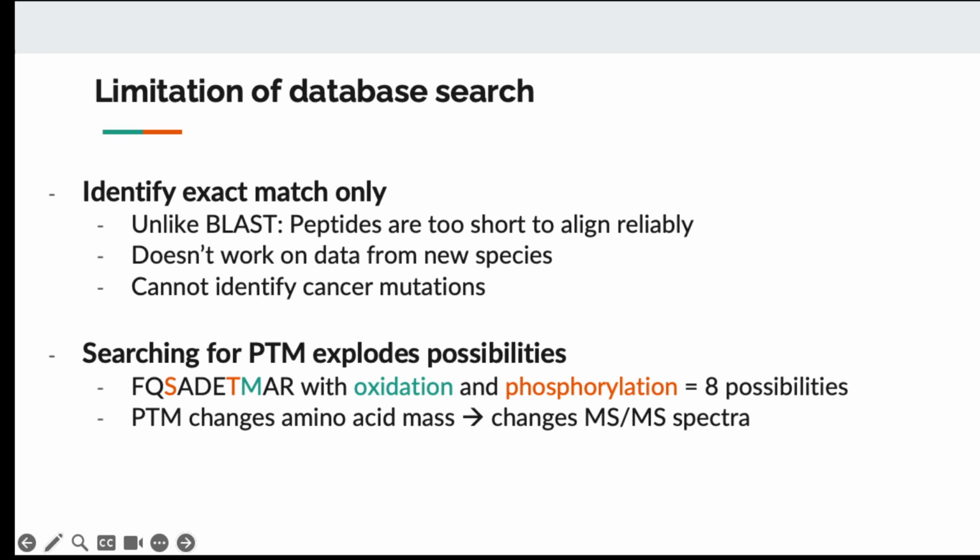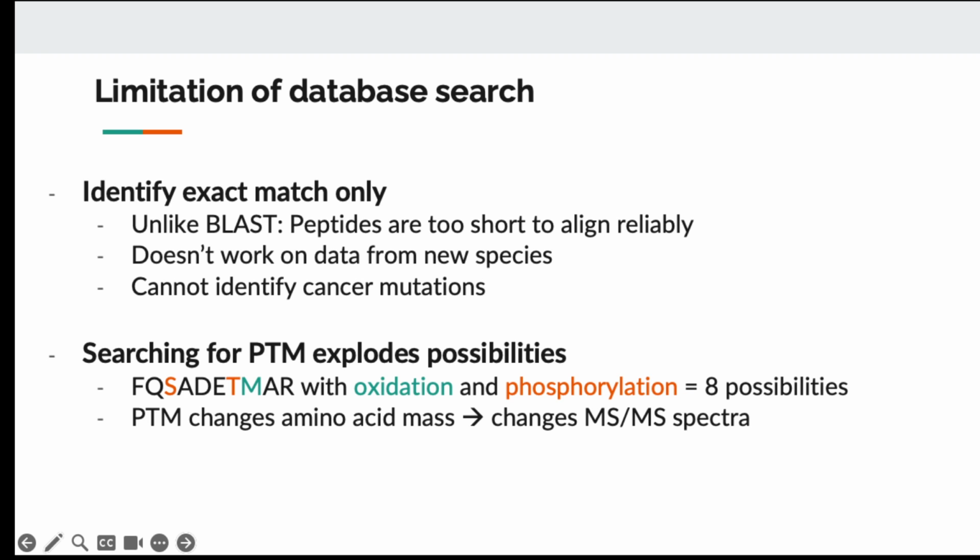If you perform BLAST and you allow mismatches, you're going to get so many possibilities because you only have 5 to 20 characters. If you allow 1 or 2 mismatches, it can match to almost everything in the database. So we cannot do things like BLAST for proteomics because of that.